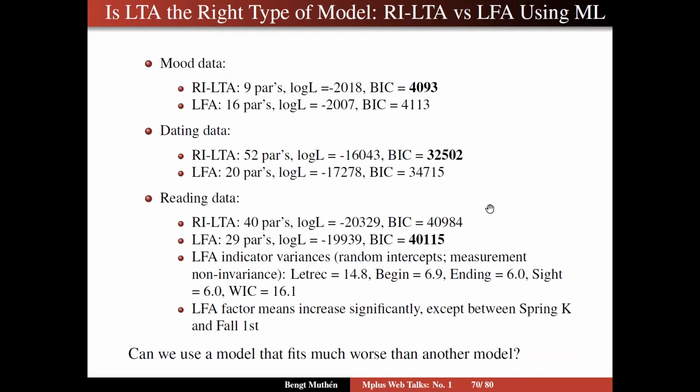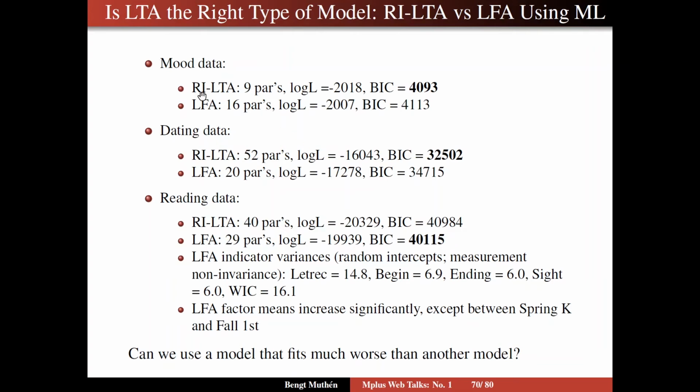I could have done this using Bayesian analysis also, but I wanted to relate the results back to the ML log likelihood and BIC values we got for the mixture modeling of RI-LTA. You could do Bayesian RI-LTA as well and then do Bayesian analysis for all models, and then you can compare the so-called PPP values. But here we go with ML.